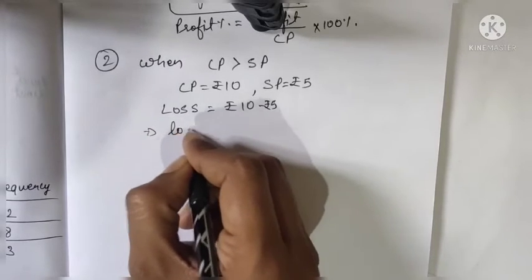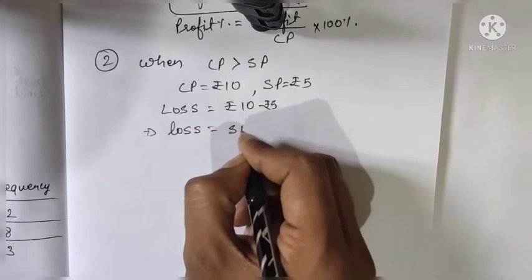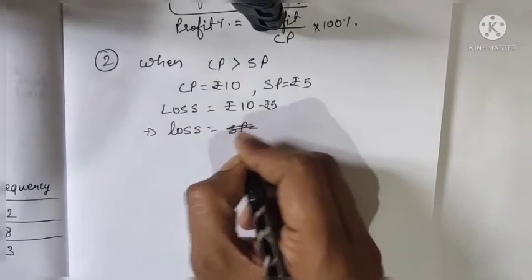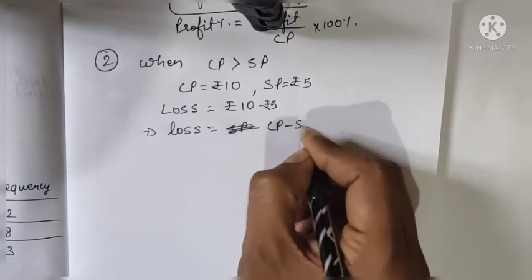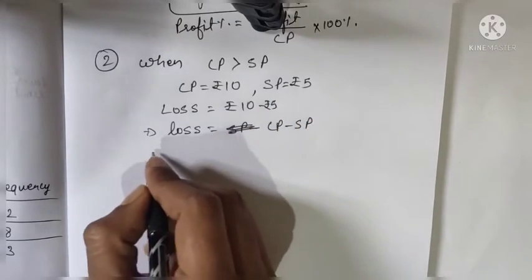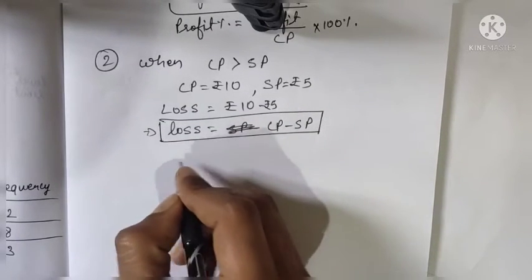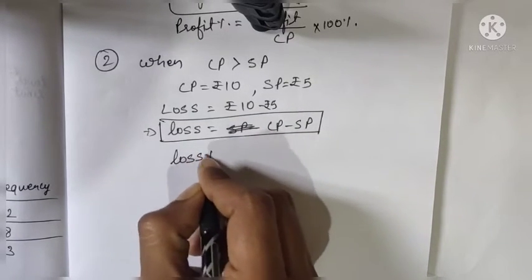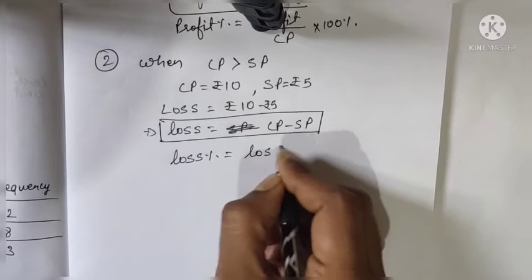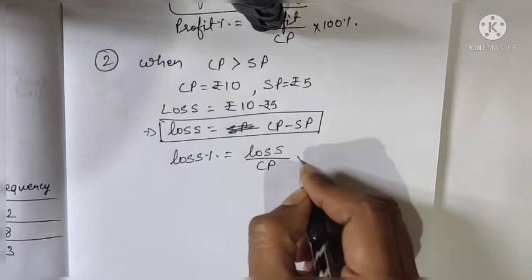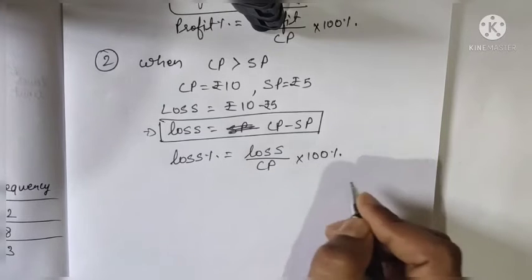That means loss is equal to CP minus SP, and this is our formula. And loss percent is equal to loss by CP into 100%.